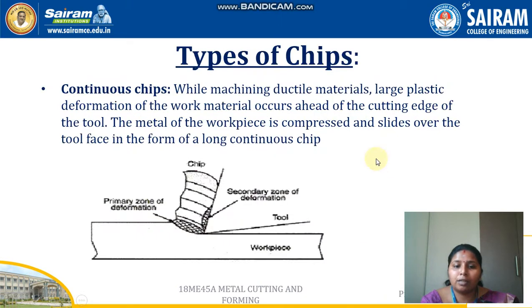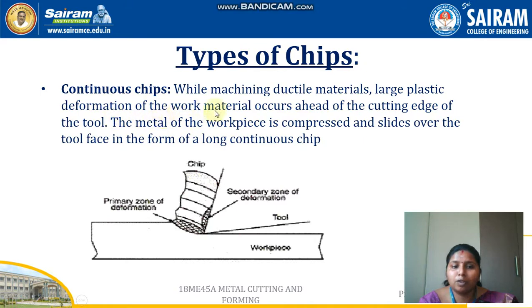So there are three different types of chips. One is continuous chips, the other one is continuous chip with built up edge, and the third one is discontinuous chip. This image shows a continuous chip. A continuous chip is usually obtained while machining ductile materials, and a complete continuous helical shaped chip is obtained.